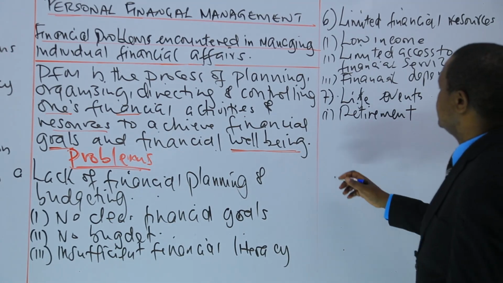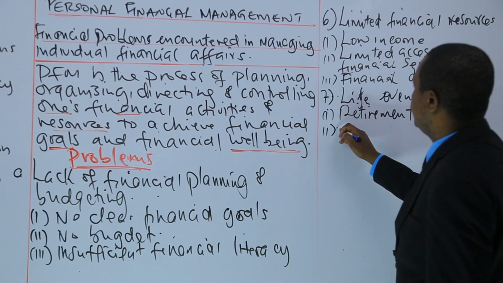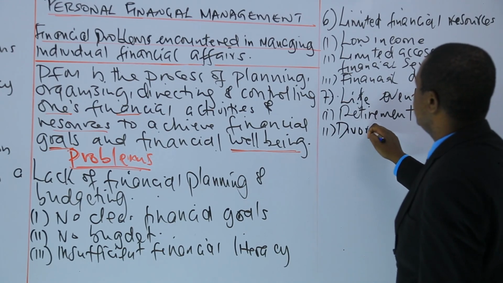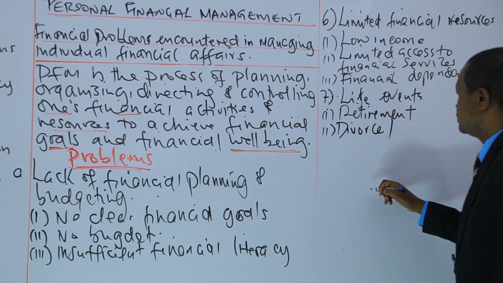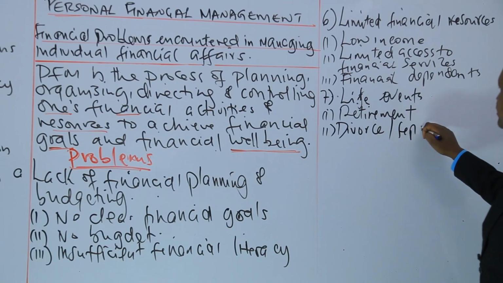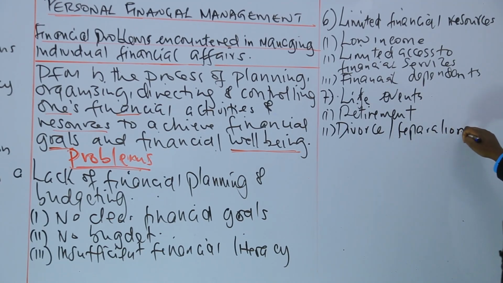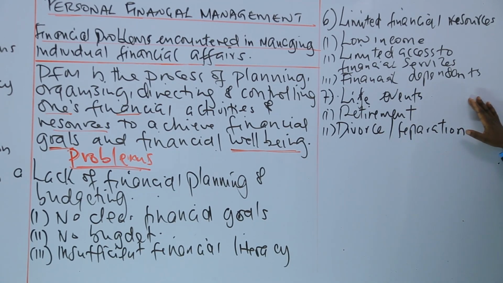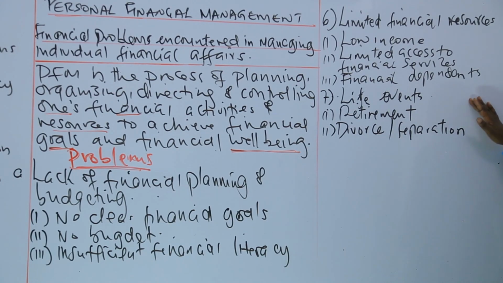Another event that is common in our day is divorce or separation. This is yet another life event, though it may not be inevitable, but divorce happens. People who are married separate.